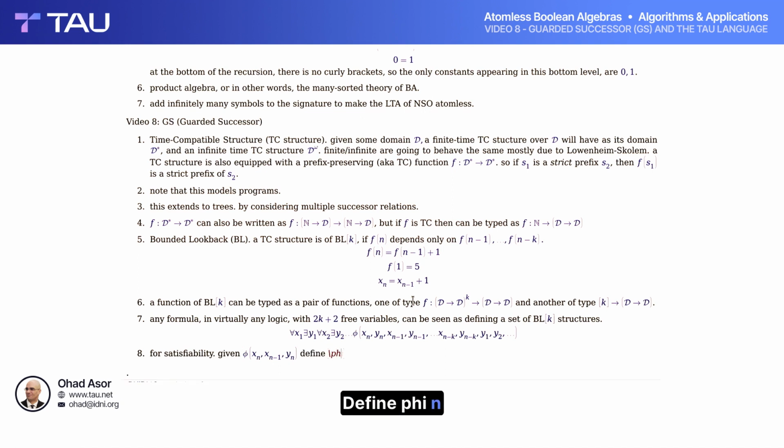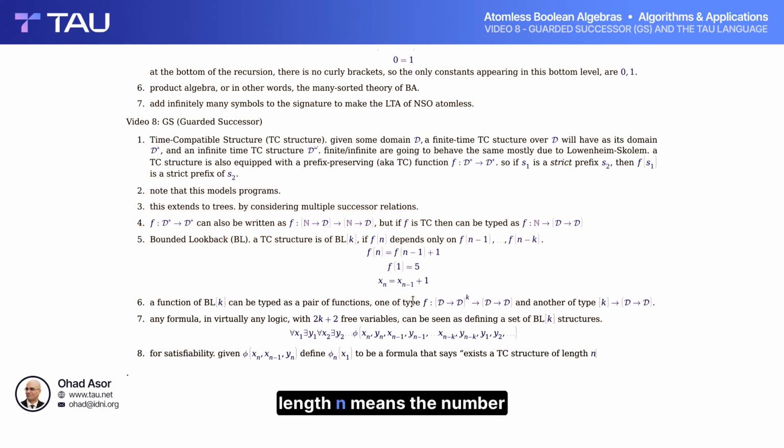define phi n, that has a free variable x1, to be a formula that says there exists a TC structure of length n. Length n means the number of time points, so it's a function from sequences of length n to sequences of length n, starting with x1.